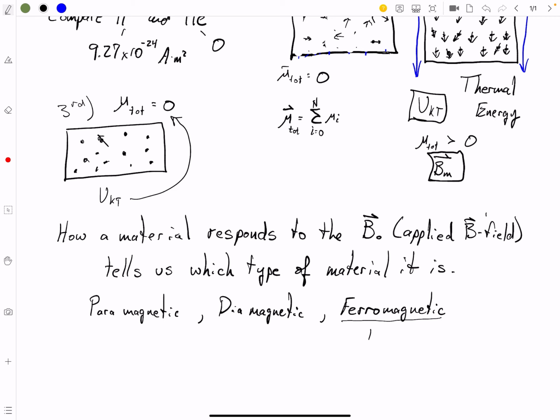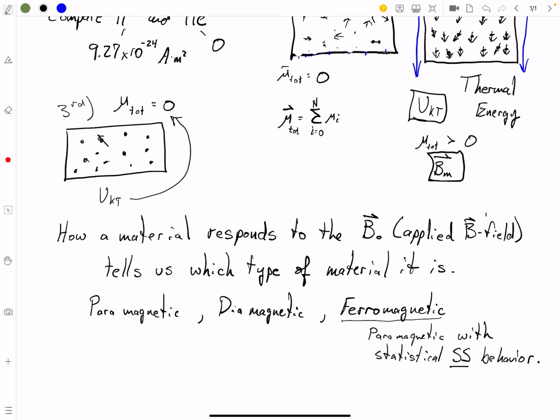So it's really paramagnetic with some solid state behavior, statistical solid state behavior. Okay.